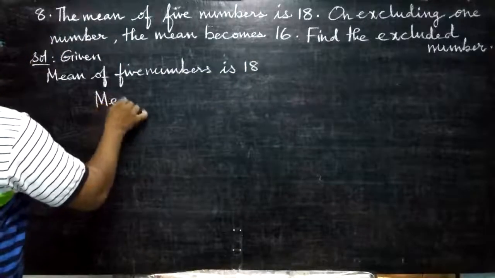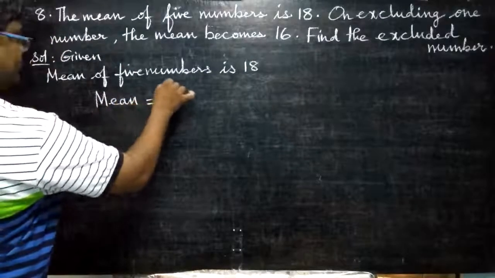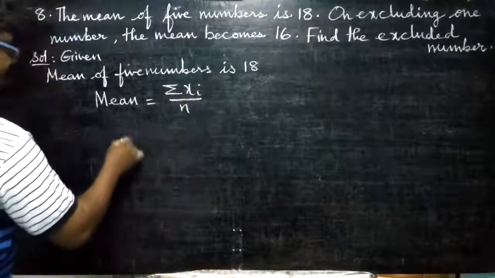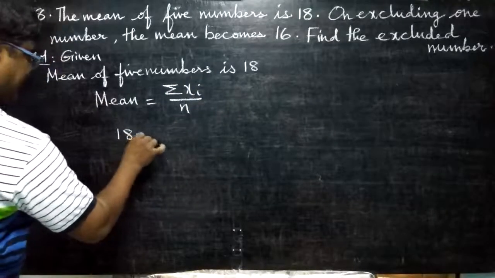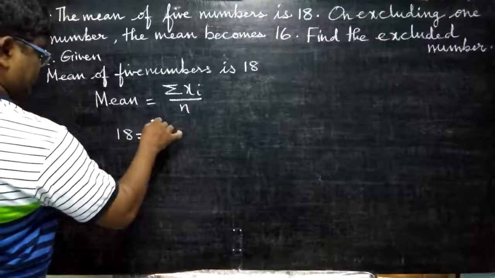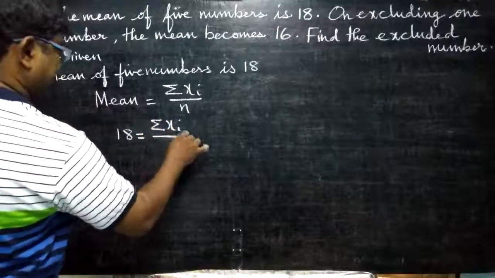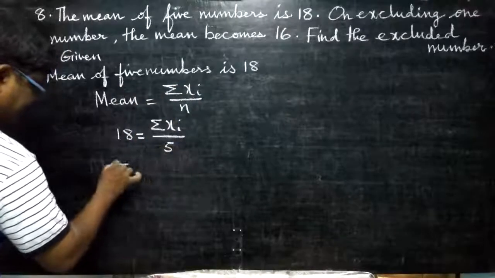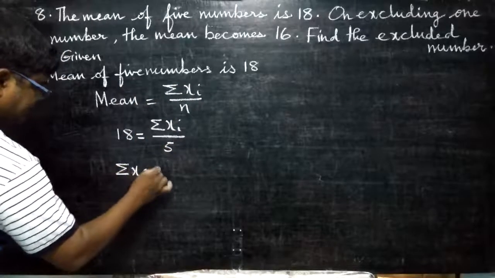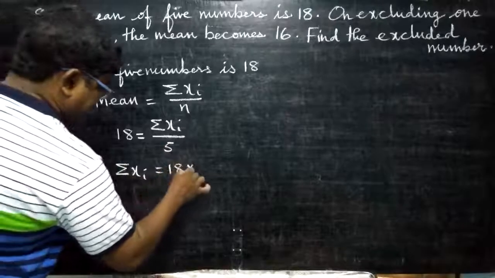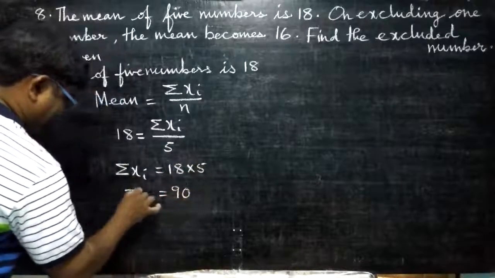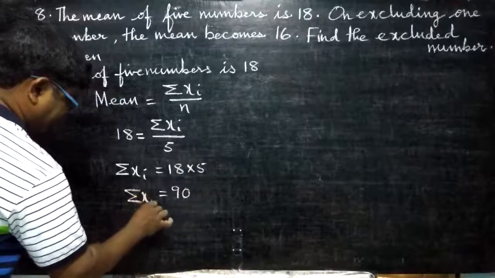We know the mean formula, sigma xi by n. 18 is equal to sigma xi by 5. So sigma xi is equal to 18 into 5, which is 90.